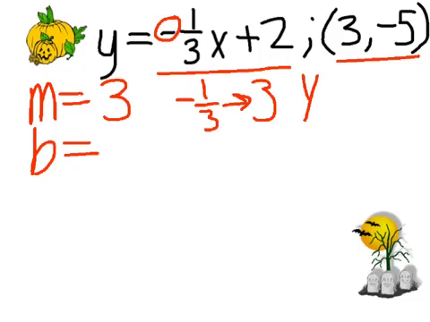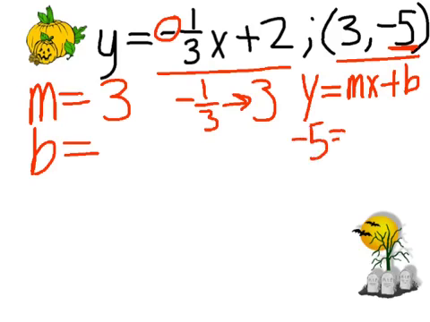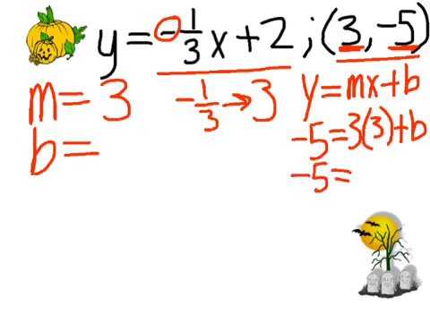The y-intercept, we're going to find that the same way. We take y equals mx plus b. We plug in our value for y, which is negative 5. We plug in our slope. And we plug in our x value, which is 3. We need to solve this for b. We have negative 5 is equal to 3 times 3, which is 9, plus b.